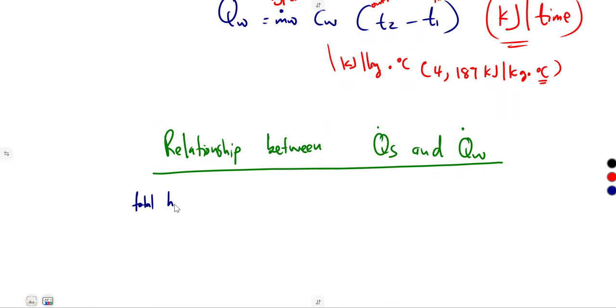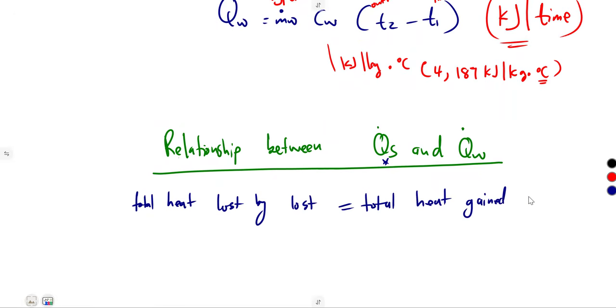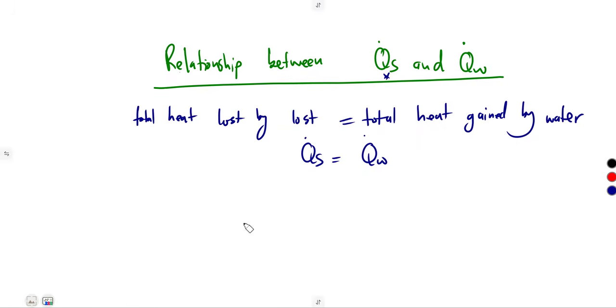So you can say total heat lost by steam, remember the steam is losing, is equal to the total heat gained by water. So we had our formulas, guys. That is, our QS is simply equivalent to QW. And we already wrote these formulas for the steam: mass of steam times (HS minus HC).